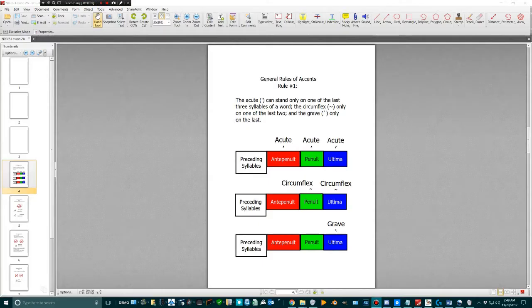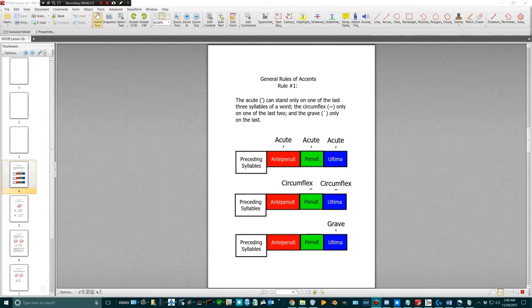Rule number 1. The acute can stand only on one of the last 3 syllables of a word. So if you look at the acute, it can land on the Ultima, the Penult, and or the Antepenult. The circumflex can only land on the last 2 syllables.